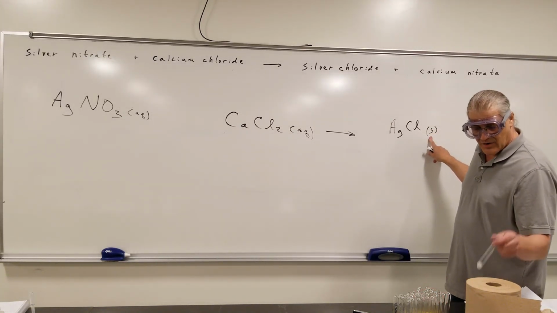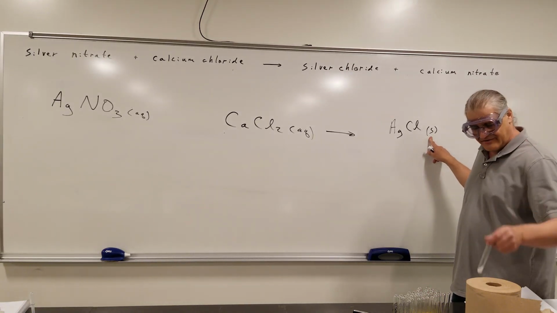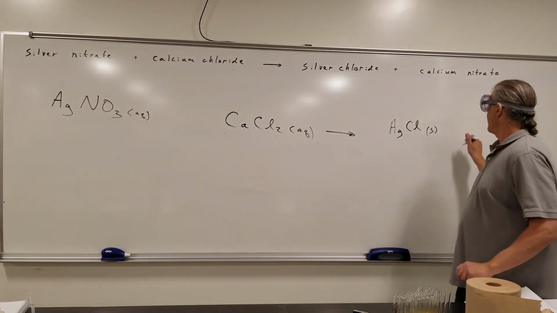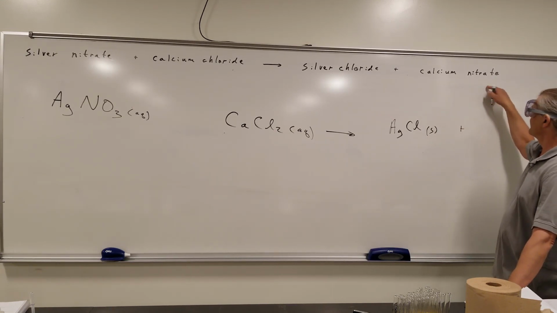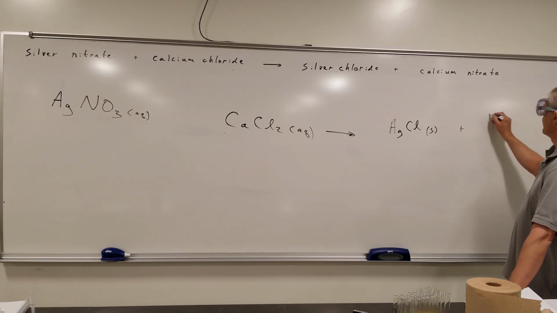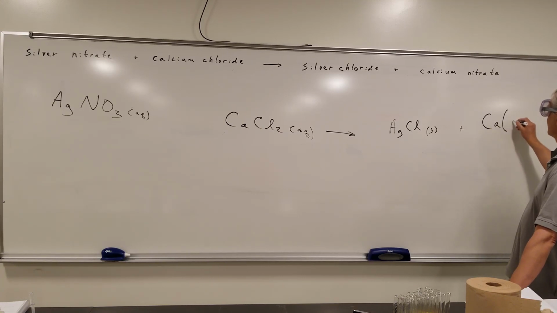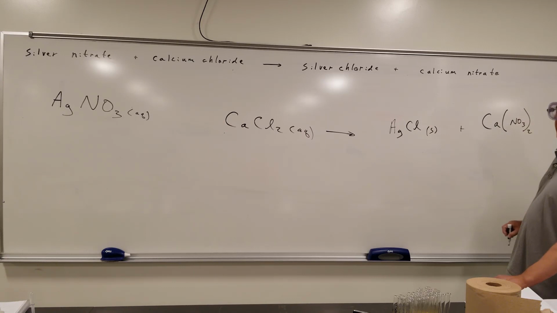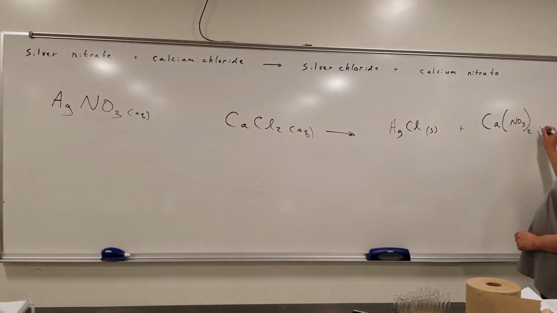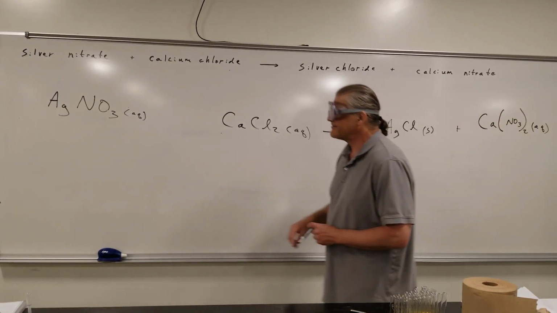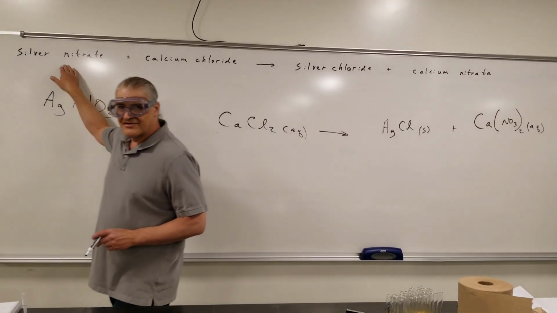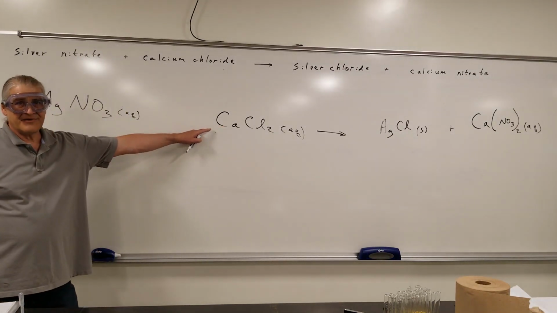So that was that white chunky solid that you saw. And the other product is calcium nitrate, which would be Ca(NO3)2, and that one would be aqueous.